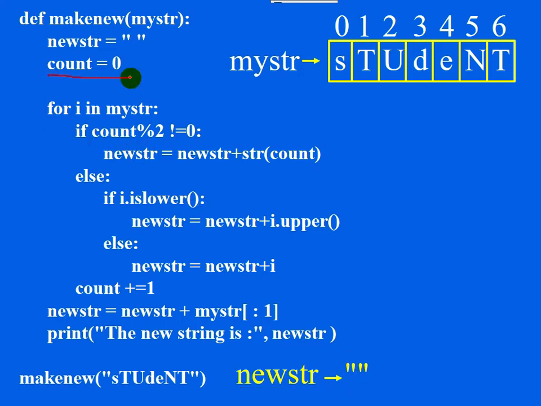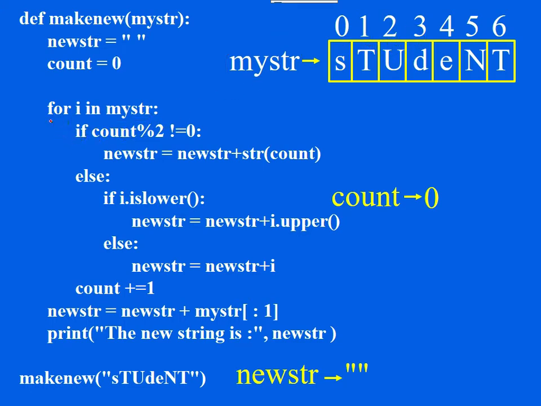Now count is equal to 0. You understood the meaning. Variable count is pointing to integer data 0. Let me note down. Count is pointing to the integer data 0. Okay, fine. Now for loop. For I in mystr. For I in mystr means you get each and every character present in this string, which means first the character small s comes, after that the character capital T comes, followed by the character capital U, and so on.